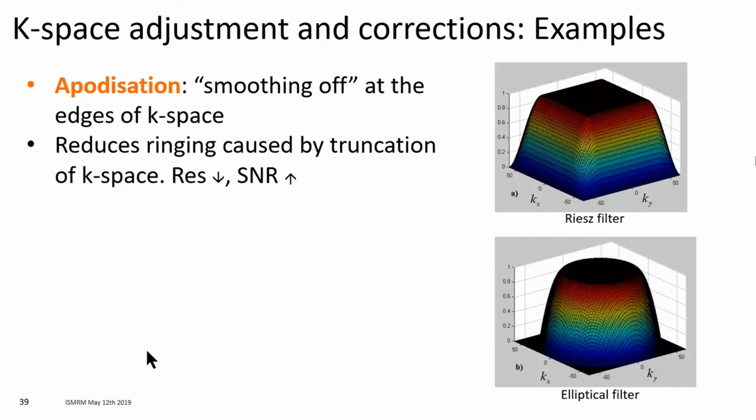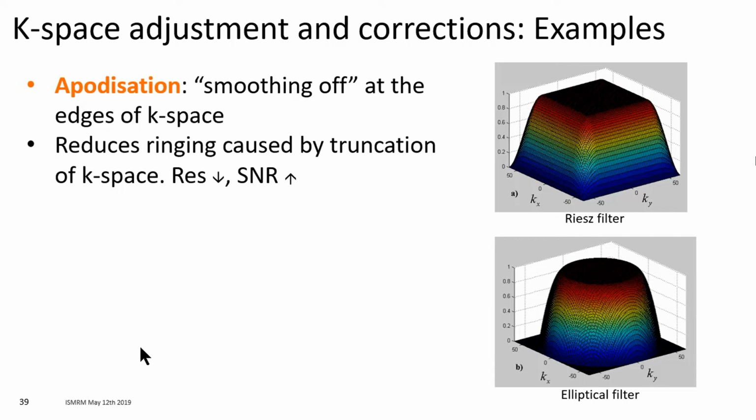Okay, so when we've made our measurements, there are adjustments we need to make to K-space data before the data is ready to be turned into an MRI image using the Fourier transform. And one of these is K-space apodization, and this is where we smooth off the signals and reduce them at the edges of K-space.